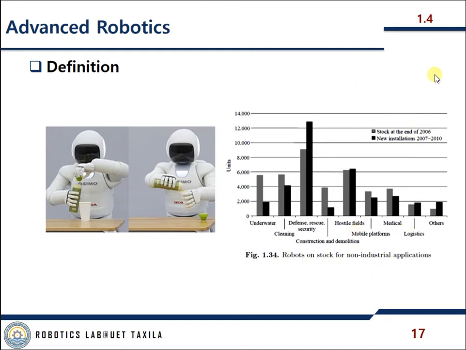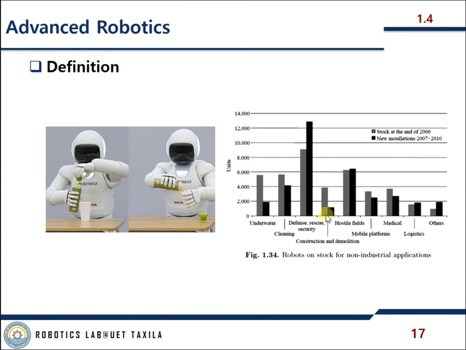Here is an interesting graph. These are the areas of advanced robotics in which people are working. First of all, underwater robots, where there are going to be new installations. And then we have defense and rescue robots, which are again rising, and their development is getting more and more traction.